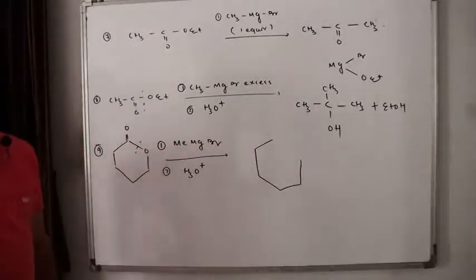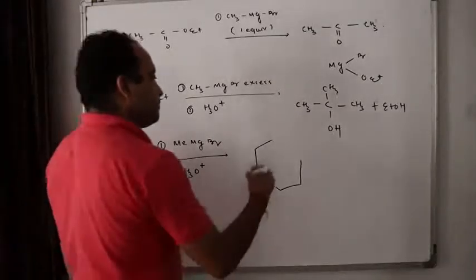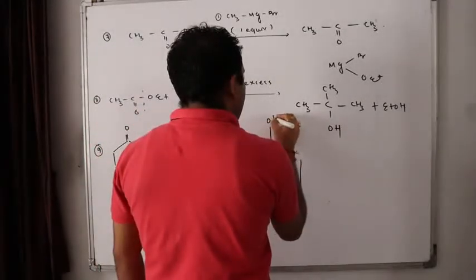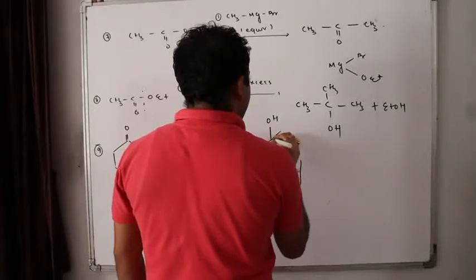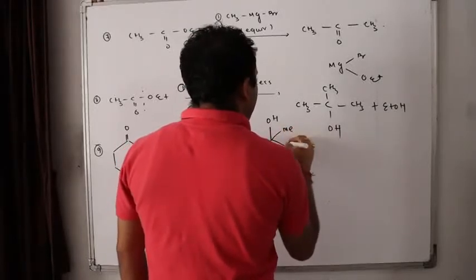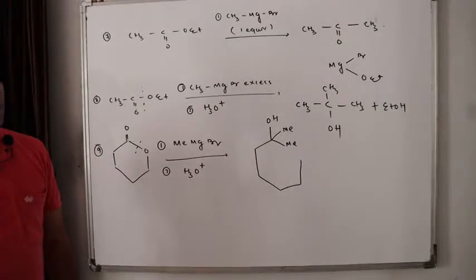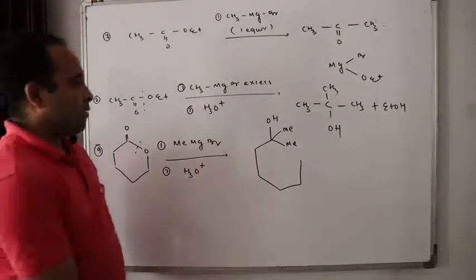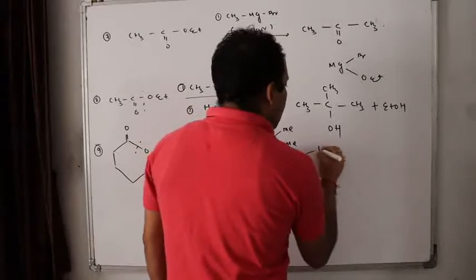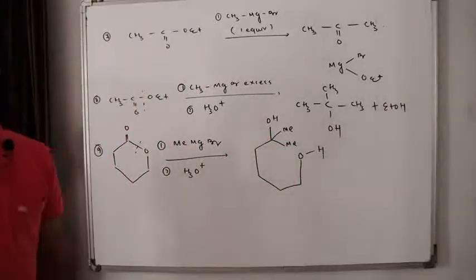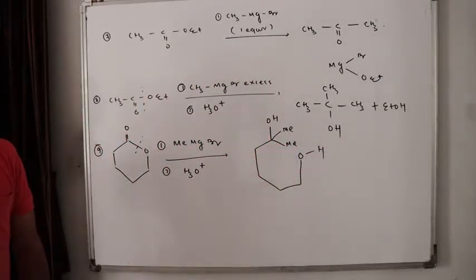To this point, alcohol will come, OH, followed by two methyl groups. Now, to this O, OH will be formed. Yes or no? Easy.